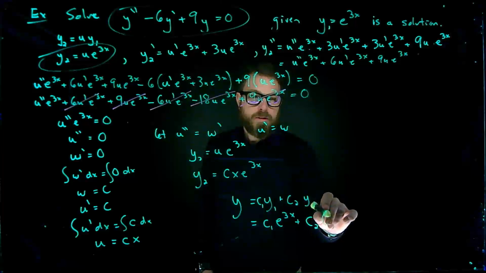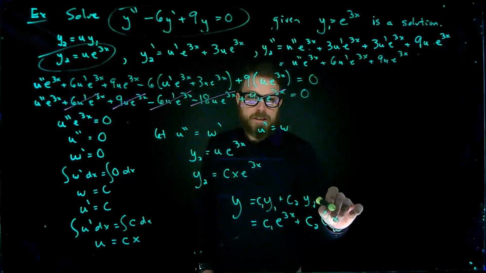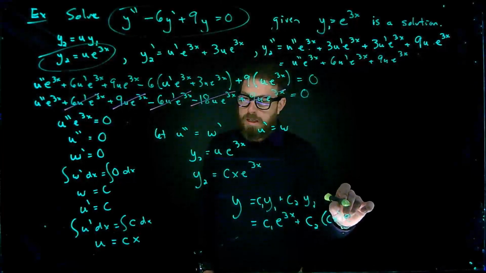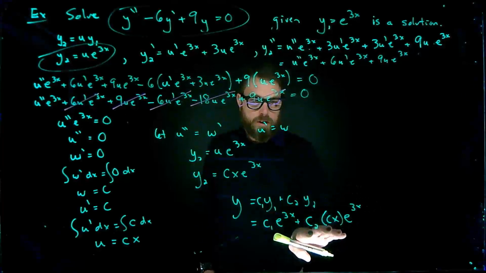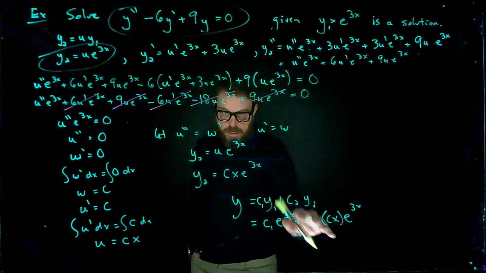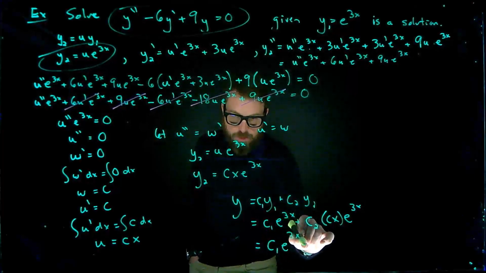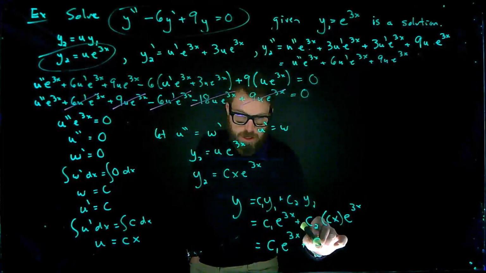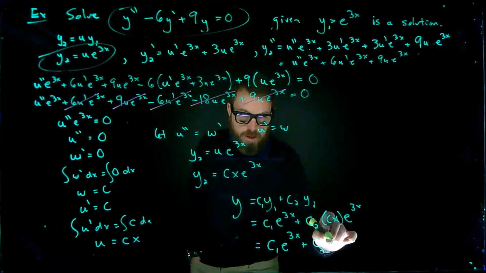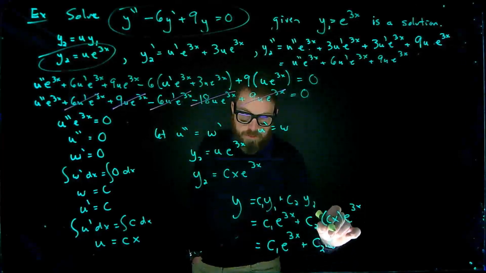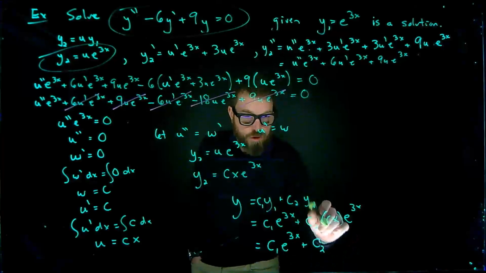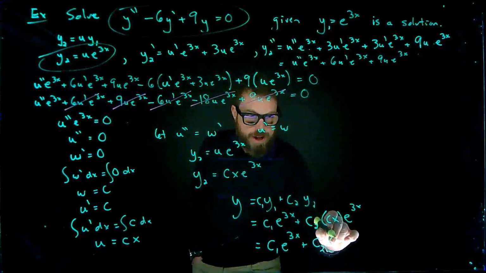I'll write it here, cx times y2, which is e to the 3x. But we can just call that a c. So I'm just going to call that a c2. So e to the 3x plus, a constant times a constant is still a constant, c2 x e to the 3x, which is the goal of this lecture, to show why that x is actually there.